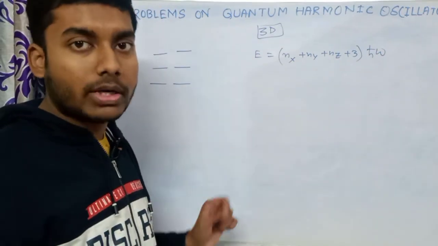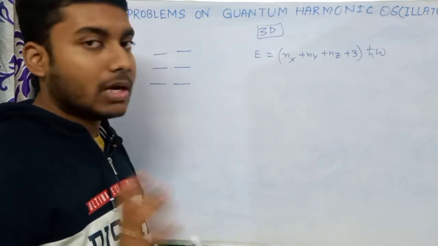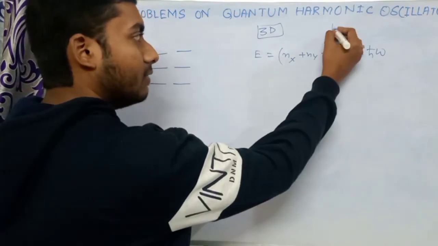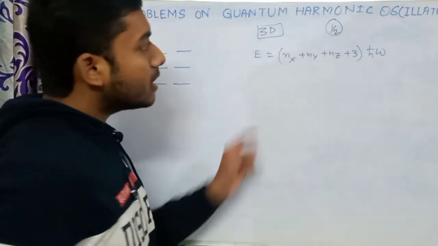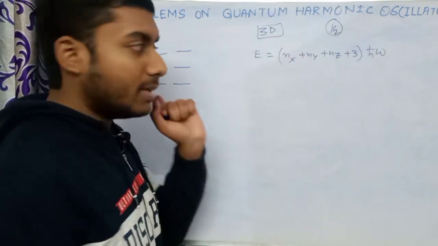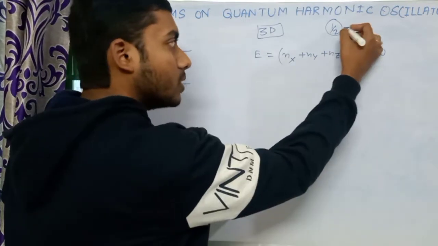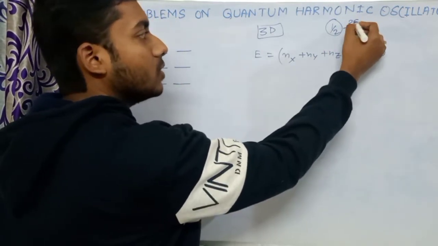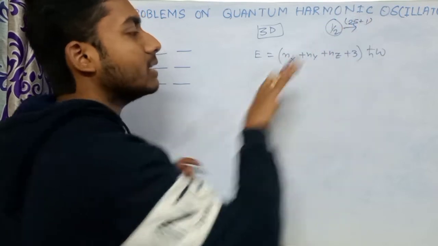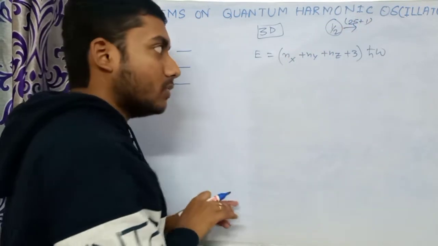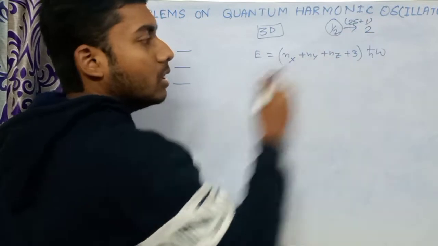Now we have 8 non-interacting electrons, right? Now we know that electron has spin half. Electron is a fermion and its spin is half. That means the degeneracy of the energy levels will be what? 2s plus 1. Using the formula 2s plus 1, the degeneracy of the energy levels will be 2 for electrons.